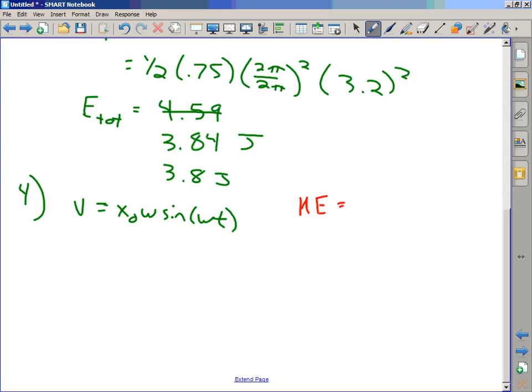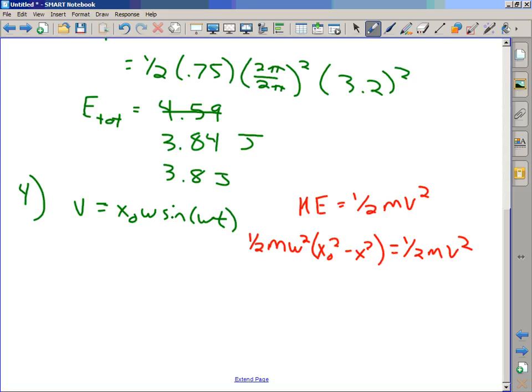Kinetic energy equals 1/2 m v squared, and the kinetic energy is also equal to 1/2 m omega squared times x naught squared minus x squared. That's how I'm going to solve that relationship. I've got 2 equations for kinetic energy.